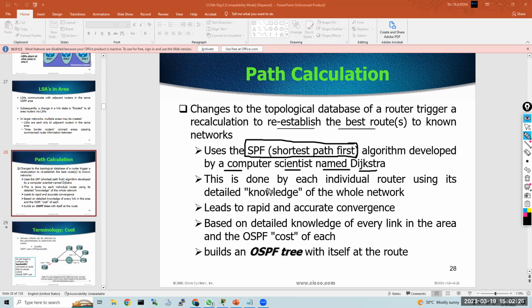This is done by each individual router using knowledge of the whole network. It leads to rapid and accurate convergence, based totally upon every link, depending upon the cost. The cost depends upon the link speed. The lower the cost, the better the speed. That also we shall discuss now.